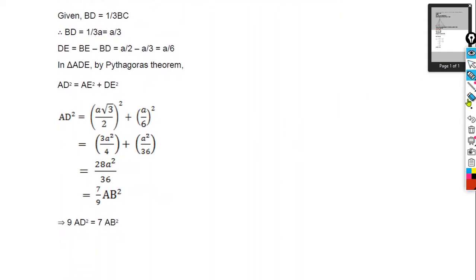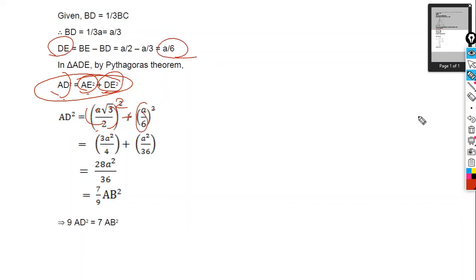AD square equal to AE square plus DE square. What is the value of AE? AE was A into root 3 by 2, so A into root 3 by 2 whole square, plus DE, we have just found DE equal to A by 6, A by 6 whole square.